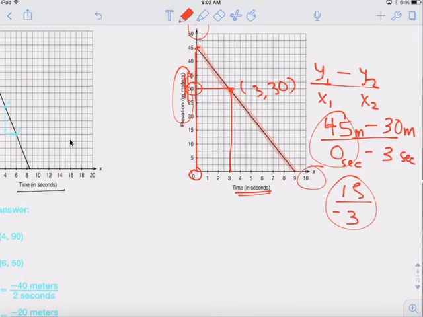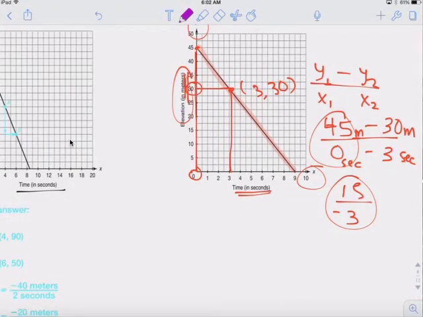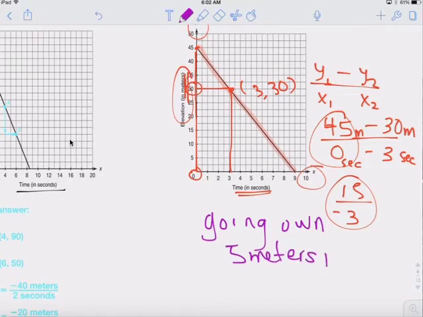Remember, slope, rate of change, speed, how fast, all means the same. Okay, it's going down, so this person is going down 5 meters per second.